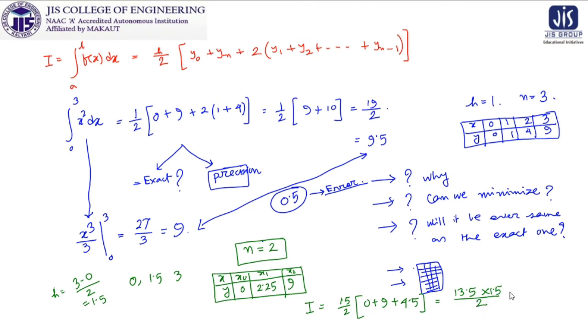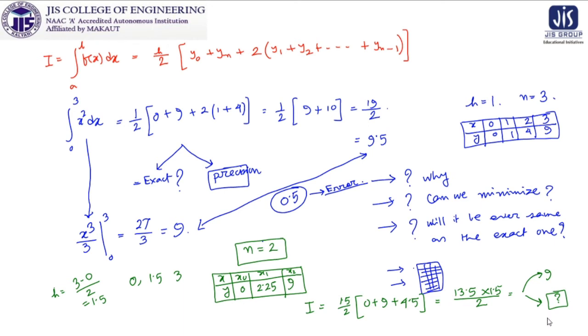Now we have to see whether this result is closer to 9 than the previous one or not, and I just want to know whether you have any idea regarding this answer.